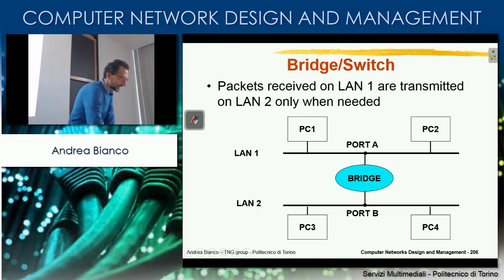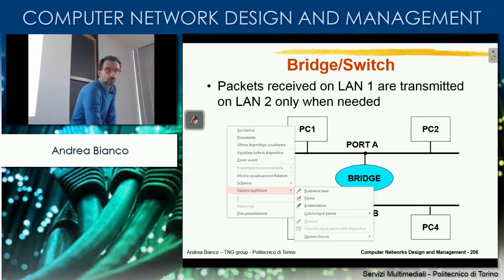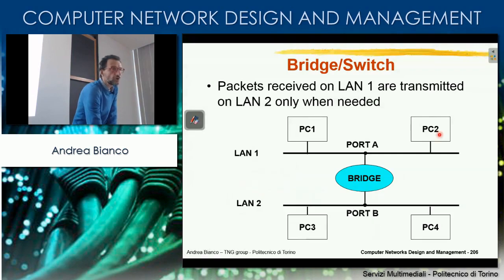What does it mean? It means that, for example, in this trivial case in which we have PC1 willing to transfer data to PC2, the bridge should not do anything. Since the transmission of PC1 on this coaxial shared medium already reaches PC2, the bridge has to do nothing.